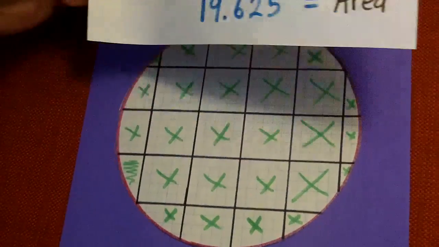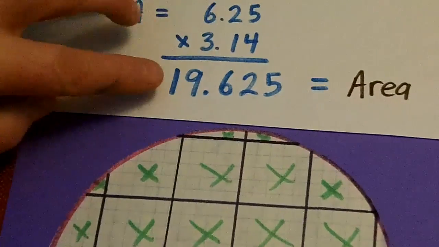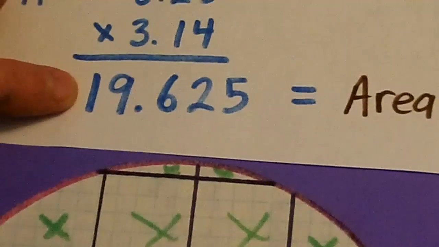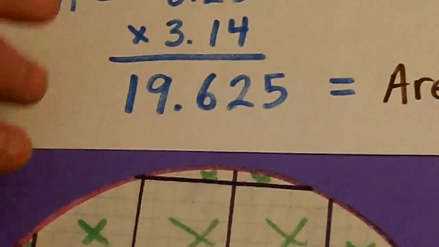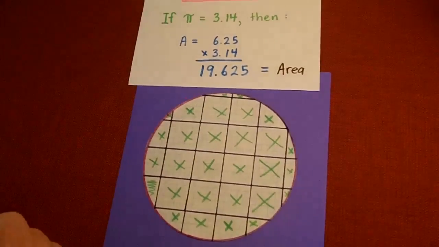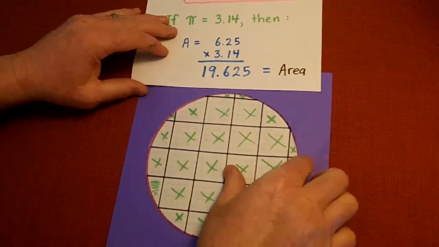And look how close that is to the actual area here. I'm hoping this example showed how those square units work.